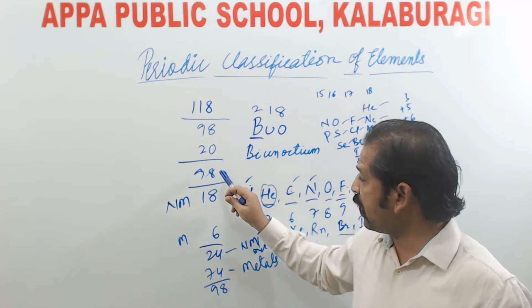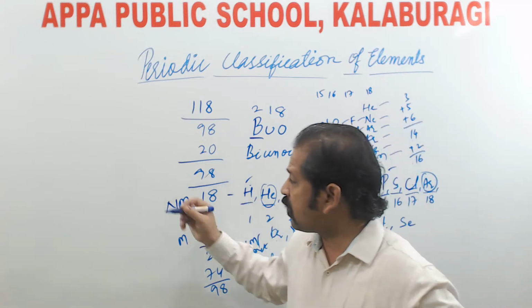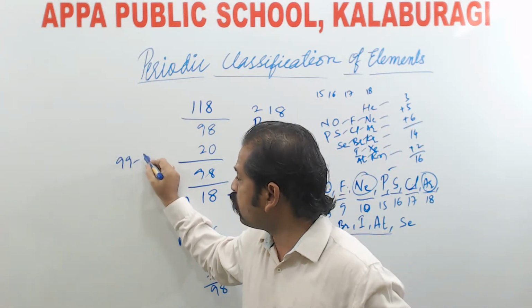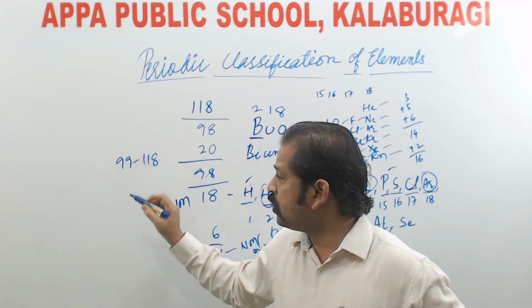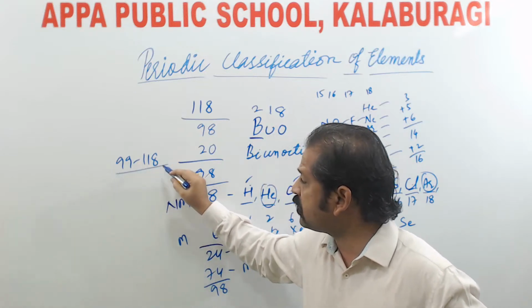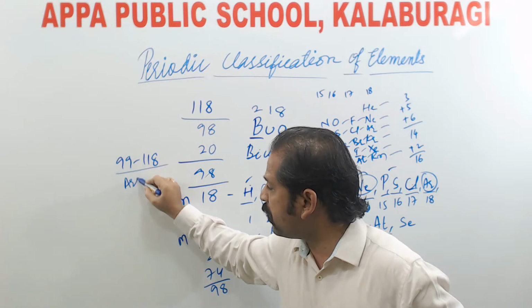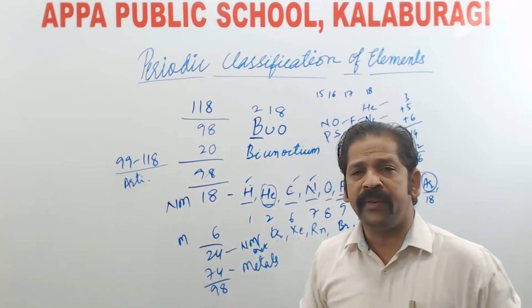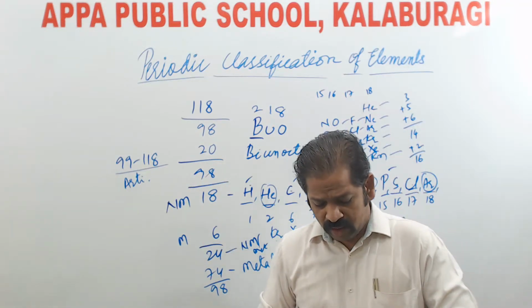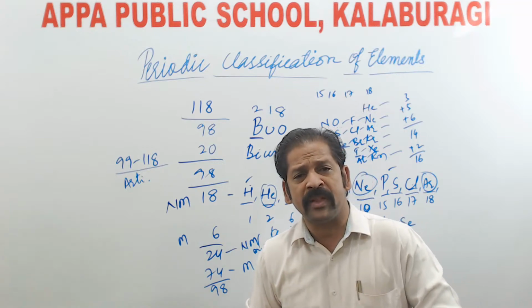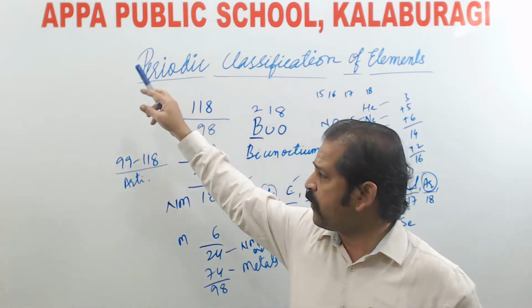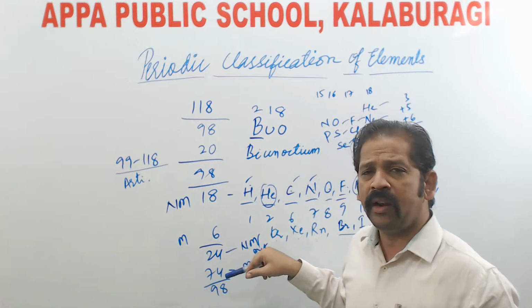Except after 98, from atomic number 99 to 118, these all are considered as artificial elements.